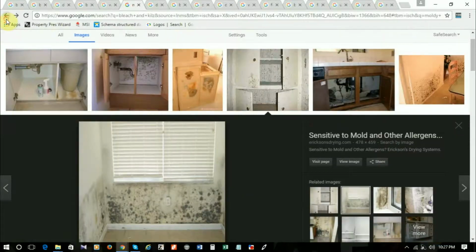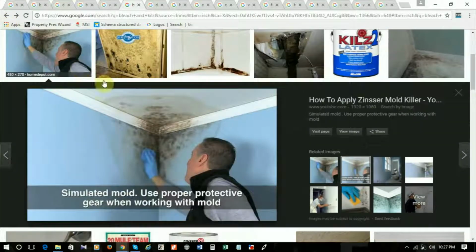So going back, normal mold growth on the surface can be easily remediated by cleaning with bleach and or antimicrobial solutions only.